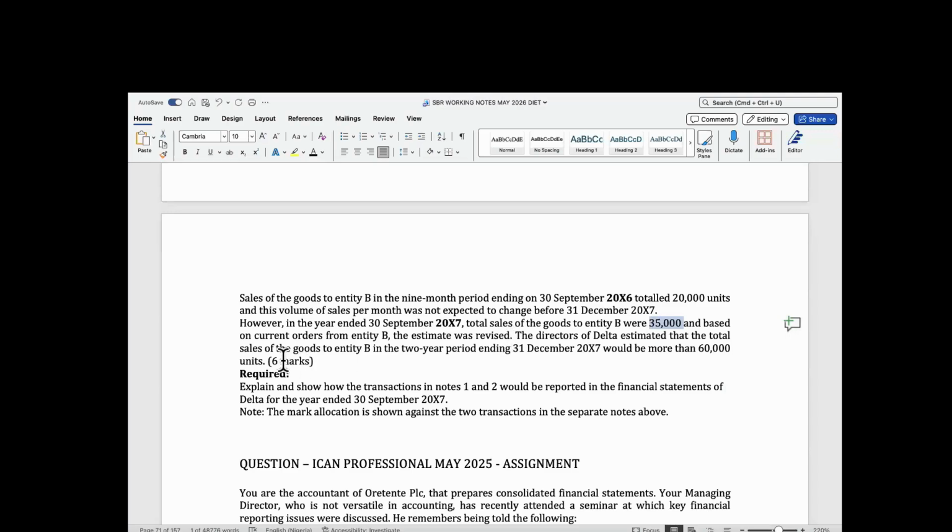The director estimated that the total sales of the goods to Entity B in the 2 years would be more than 60,000. So in 2007 they have seen that this customer has already bought 35,000, and on that basis they believe he would buy more than 60,000, so he would get that discount. That means for 2007, the 35,000 that we have sold, we will not recognize at 100 naira; we recognize it at 90 naira because we will sell to him at 90 naira.